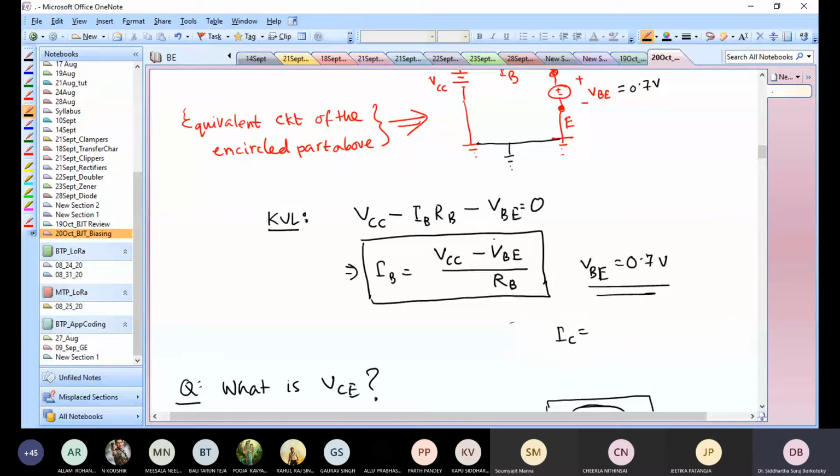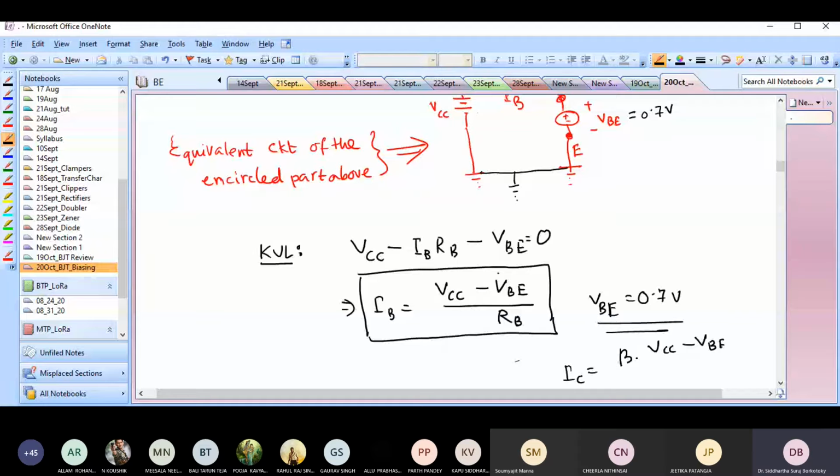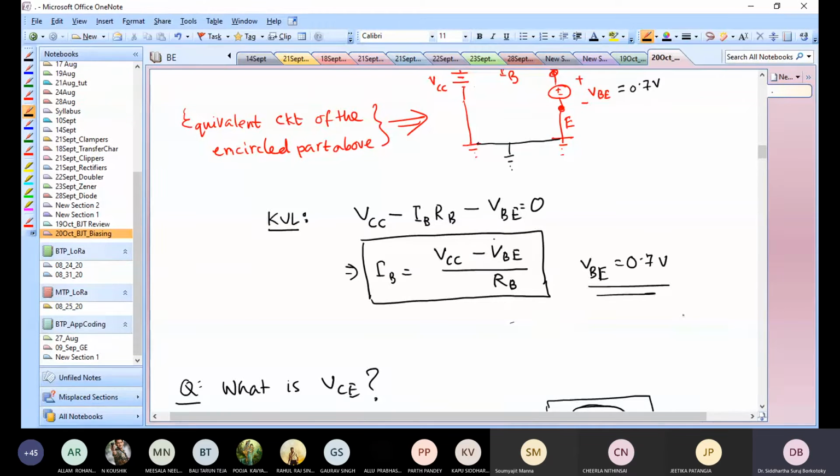IC is equal to beta times (VCC - VBE)/RB. Now what happens if beta changes? If beta becomes double, IC also becomes double. Beta becomes triple, IC also triples. So this is why this circuit is very, very sensitive to changes in beta.